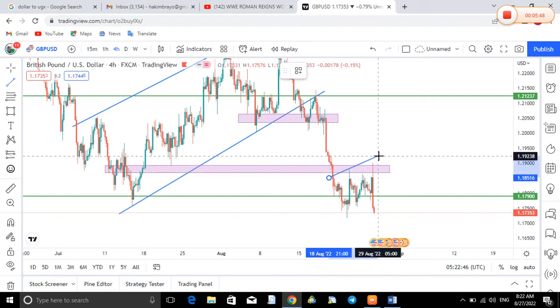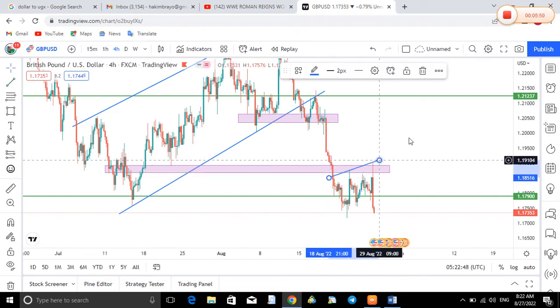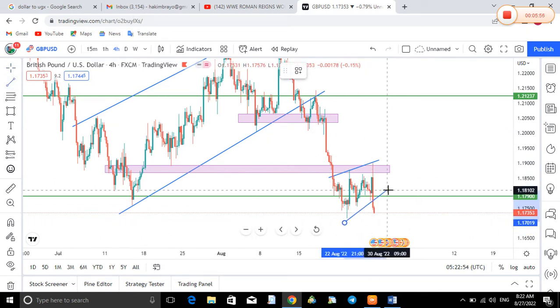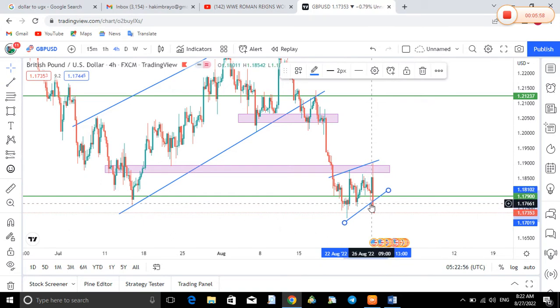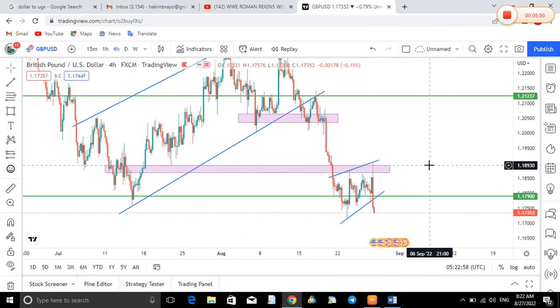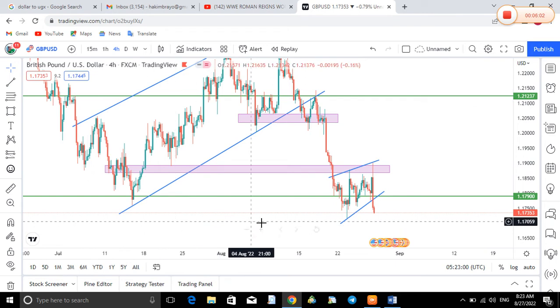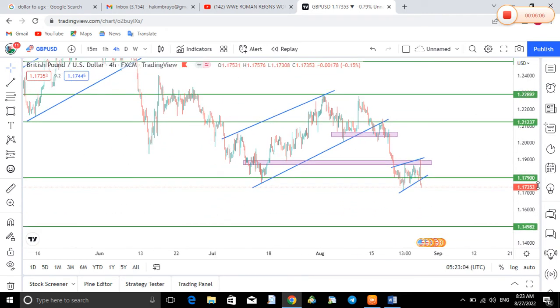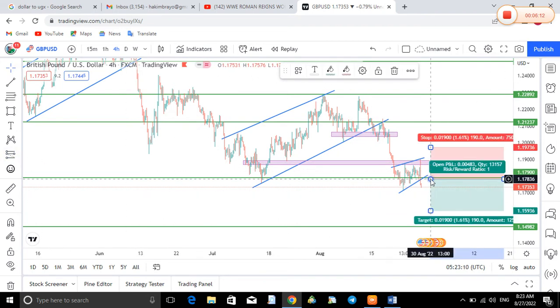If I connect these resistance levels and my support levels for JPY USD, I can see we still have another bearish flag, which might push the price from this level to the downside.